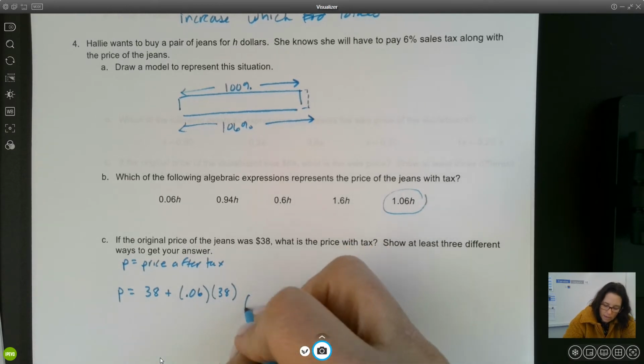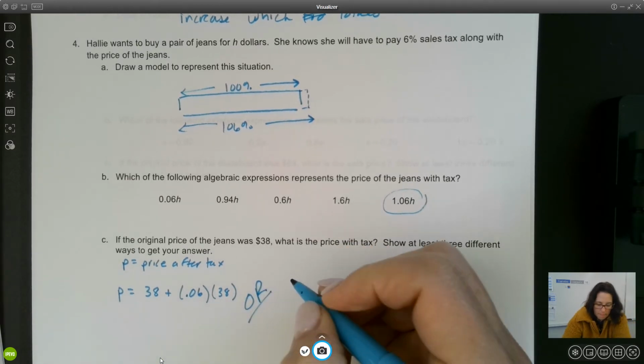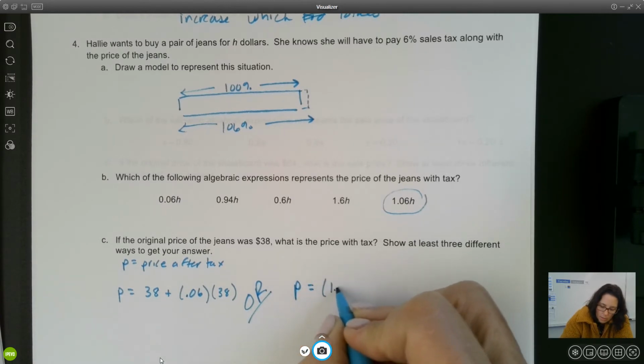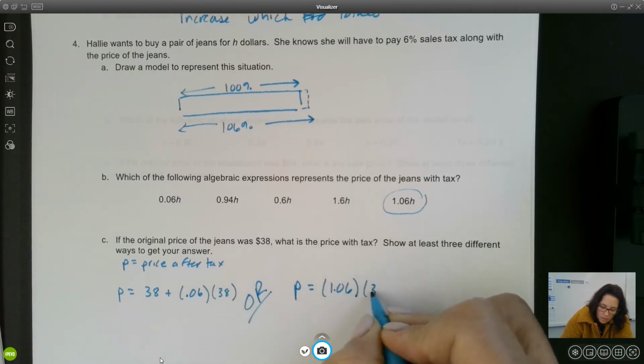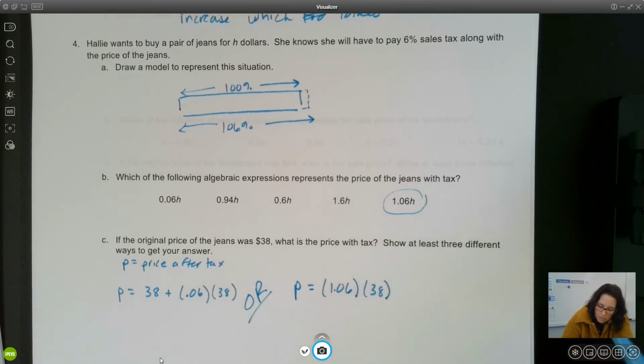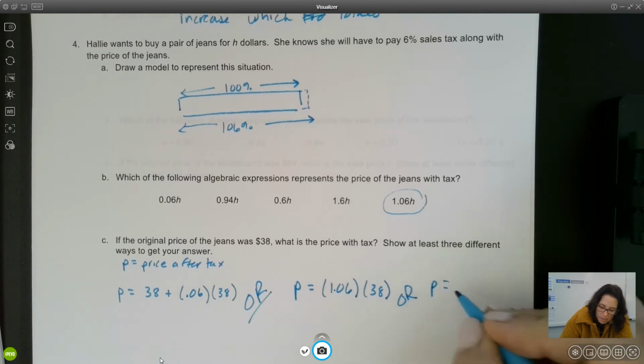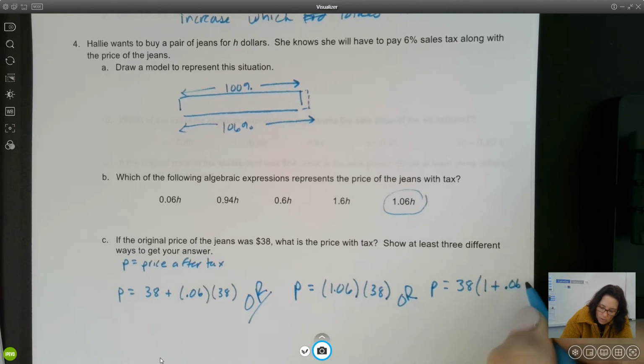That's one way. Or the price is 1.06 times the $38 jeans. Or the price is 38 times 1 plus 0.06.